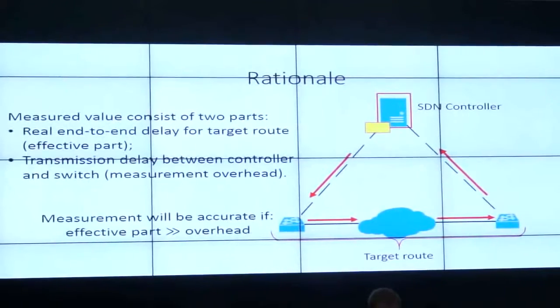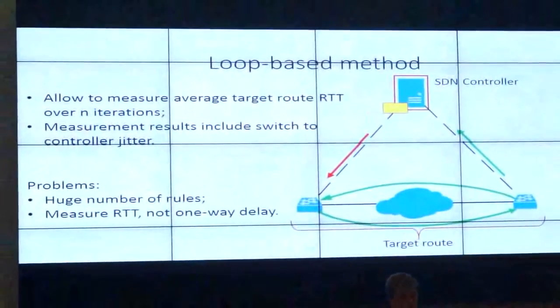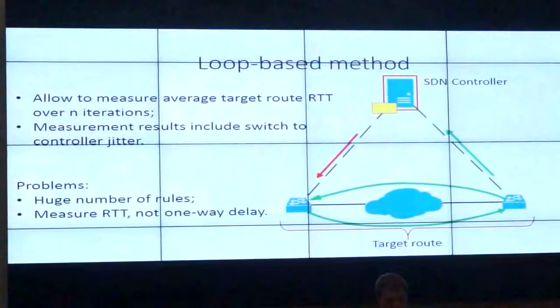If we want an accurate measurement, the effective part must be larger than the overhead. But in practice, the effective part may be a few microseconds and the overhead may be dozens of milliseconds, which is a bad situation for measurement. But we can go another way: we can send a packet into an endless loop in the network based on the target road.